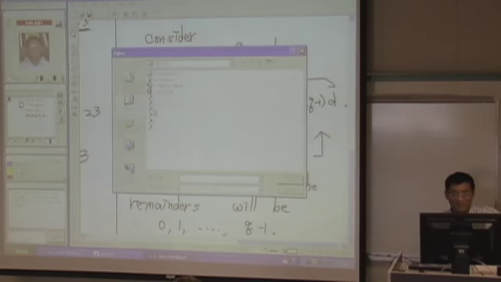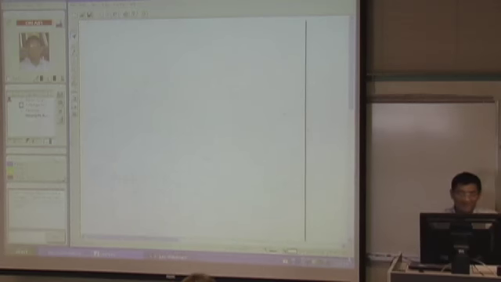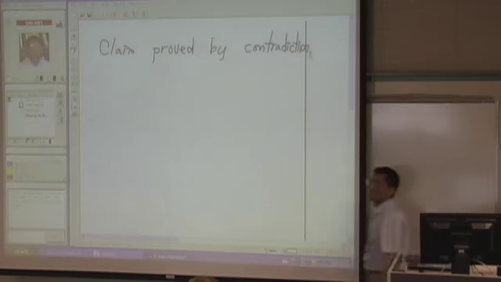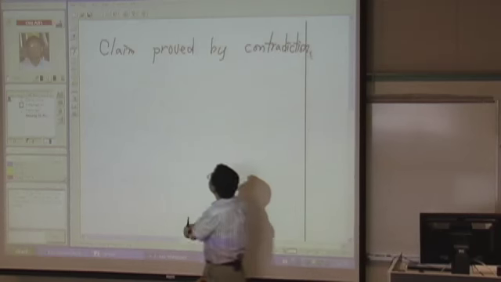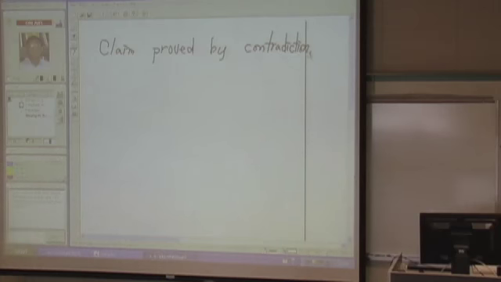Then let's go to the next page. For this claim, I also claim it is proved by contradiction. To prove the claim, I use this contradiction idea.